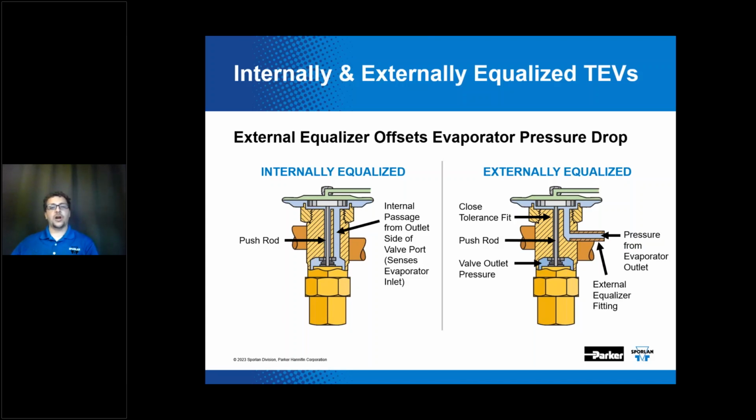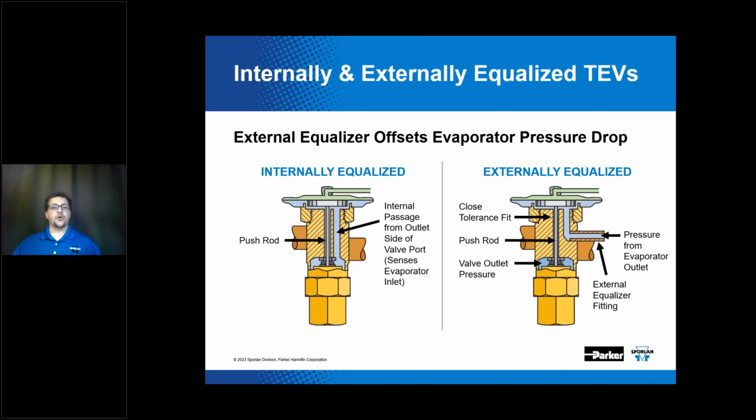So starting on the left, what does it mean if we have an internally equalized TEV? Well, internally equalized TEVs actually sense the evaporator pressure at the inlet of the evaporator, and they bring in that pressure through an internal passageway in the valve body to the underside of the diaphragm. And they only have two connections on them.